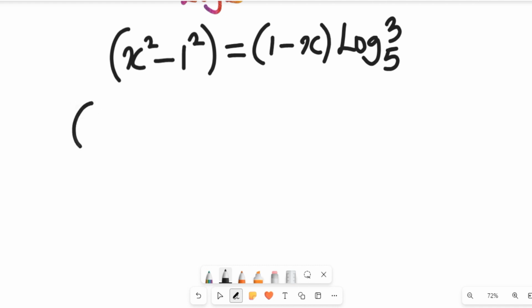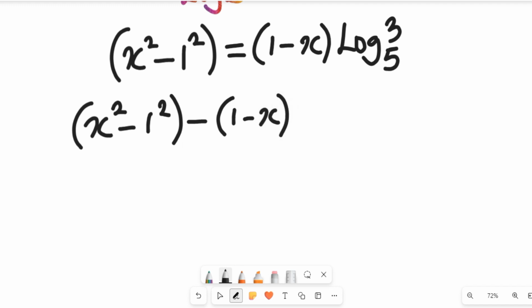So if we do that, we'll have this expression become x squared minus 1 square, and this will be minus 1 minus x, multiplied by the log of 3 base 5, and this will be equal to 0.